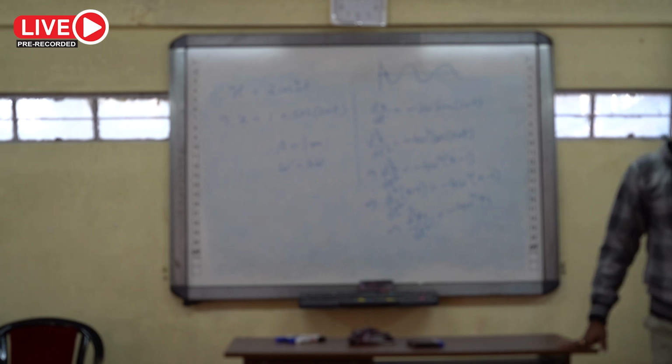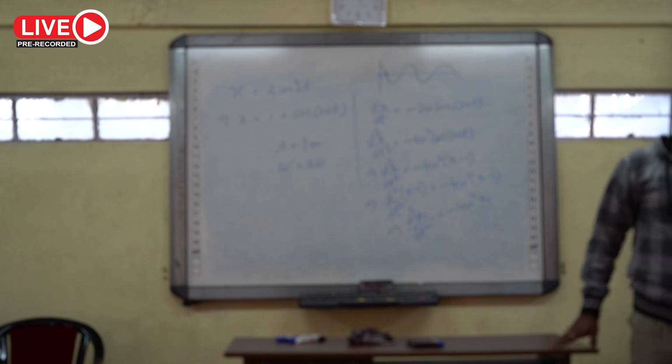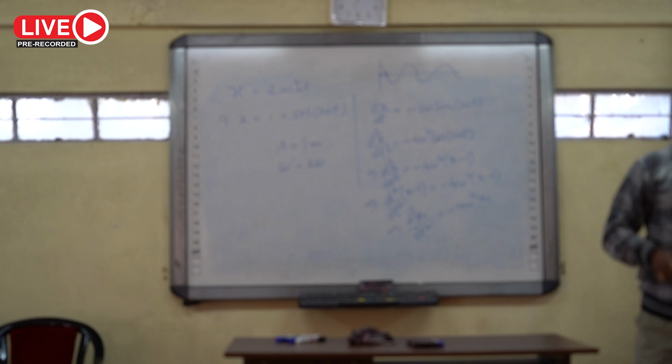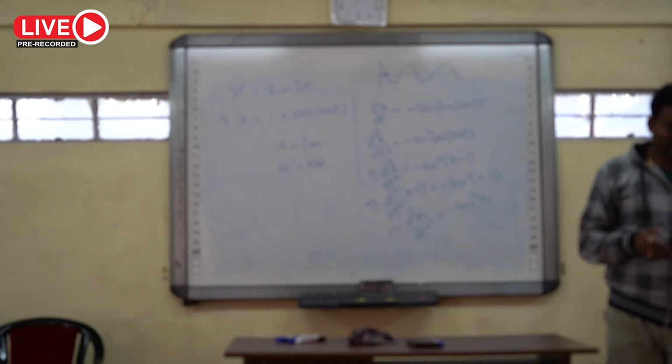There is a question that came in AIPMT 2010: x equal to a sin square omega t, and they are asking for the frequency of the SHM, the same type of problem. You have to convert and find the frequency.